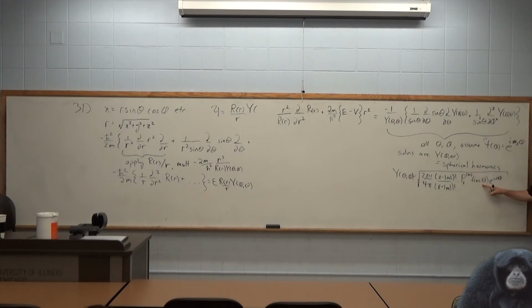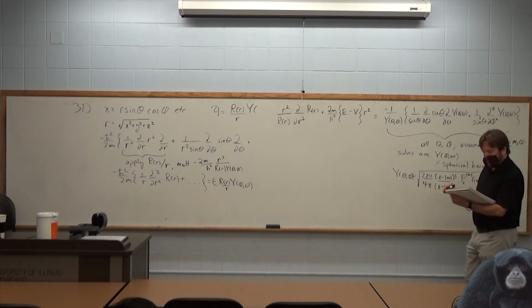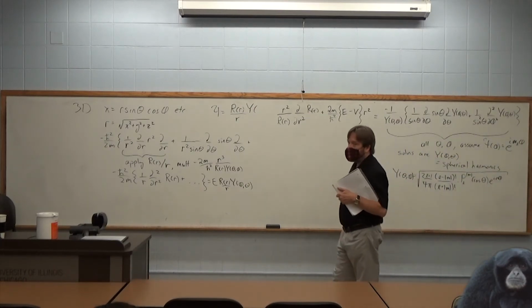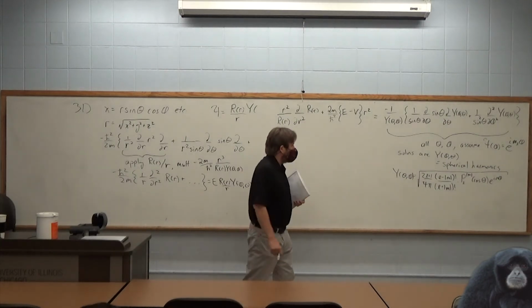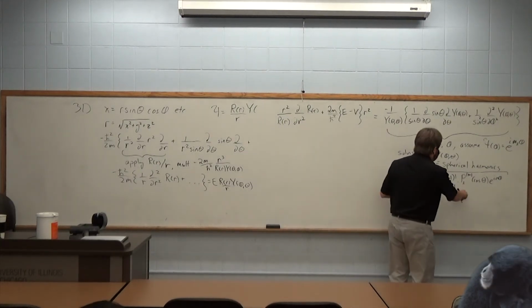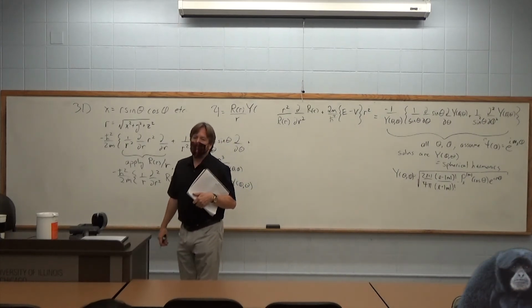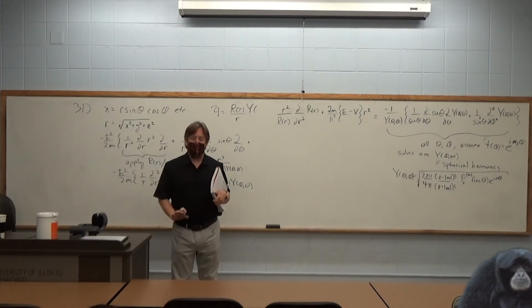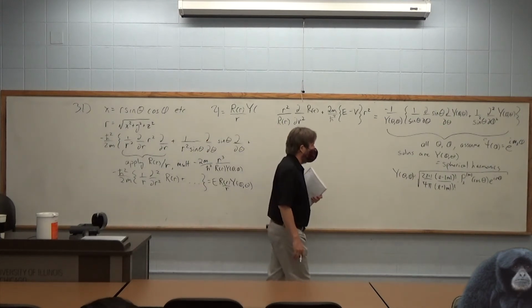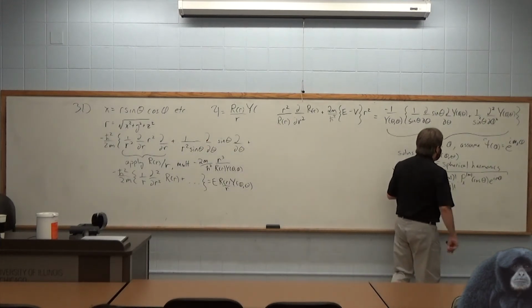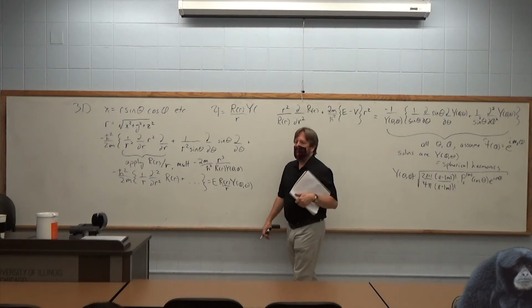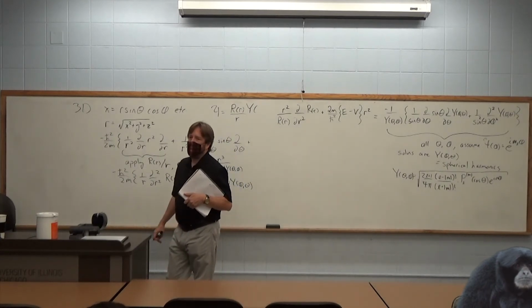This is called a Legendre polynomial. It depends on l. For an l of 0, an s state, the Legendre polynomial is 1, so you couldn't get more simple. If l is 1, then it ends up being cos.